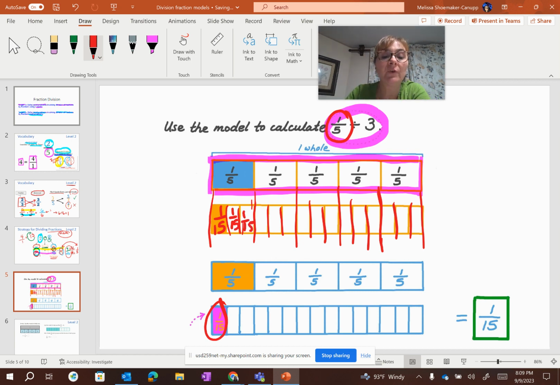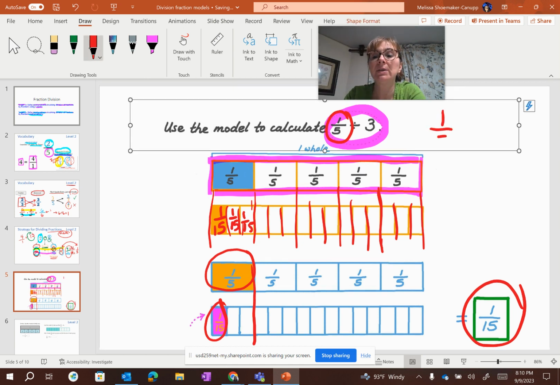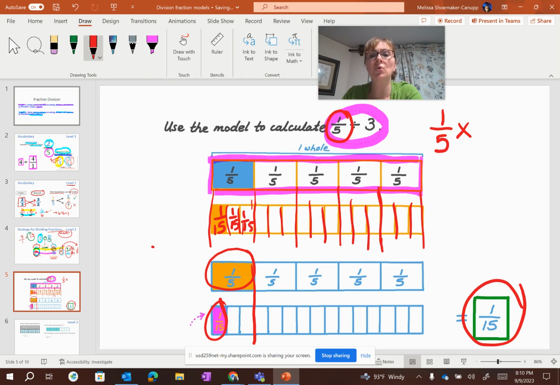Okay? So when I take 1/5 divided by 3, cutting it up into 3 pieces, I'm left with 1/15. Now we can check this with our keep, change, flip. We're going to keep, change division to multiplication, and we're going to flip 3 as a fraction. Well, you might say, Mrs. Canupp, 3 isn't a fraction, it's just a whole number.